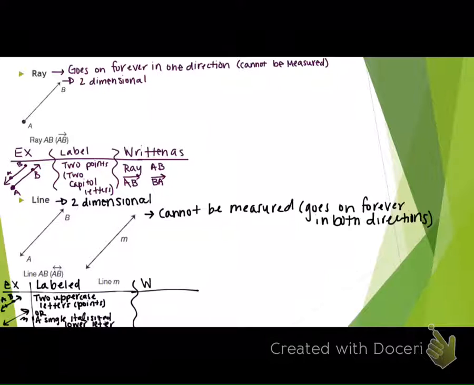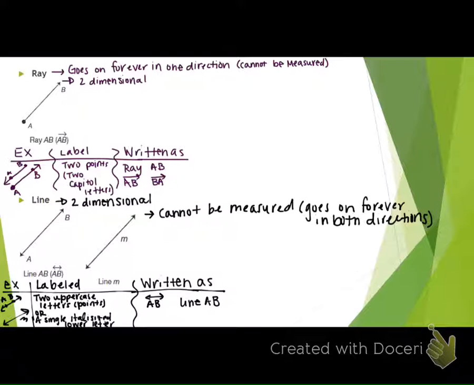So when you go to write this up, if I tell you to give me a point or a line in this case, you could write it in multiple ways. If it gives you the capital letters, you can use a line above the 2 capital letters that has arrows on both sides. That just signifies a line, versus the ray that has the arrow on one side because it's only going in one direction, or the segment that has no arrows because it is measurable. Or you can write line AB.